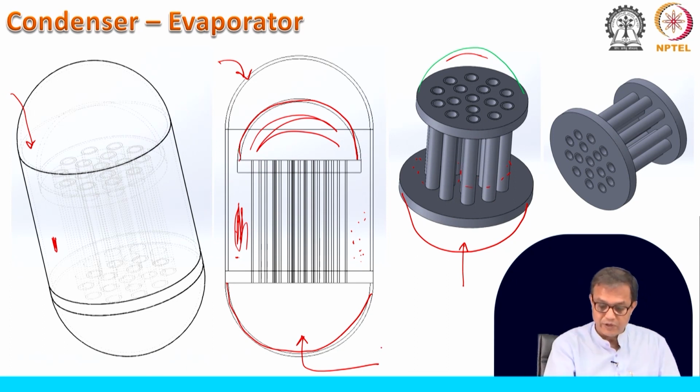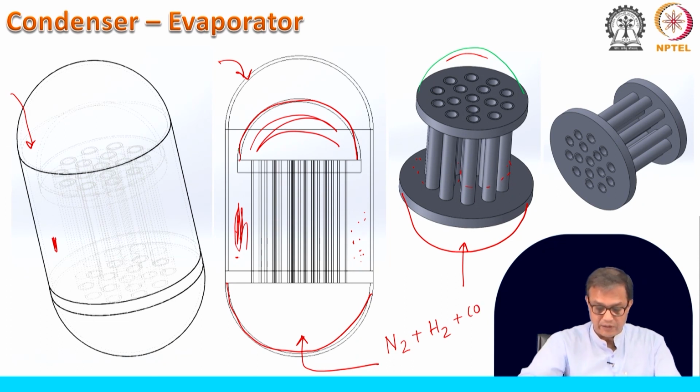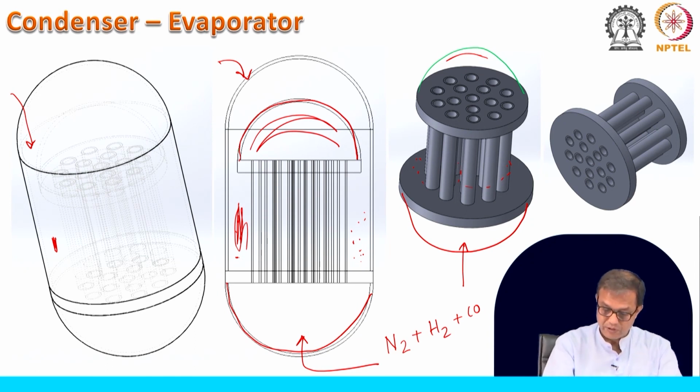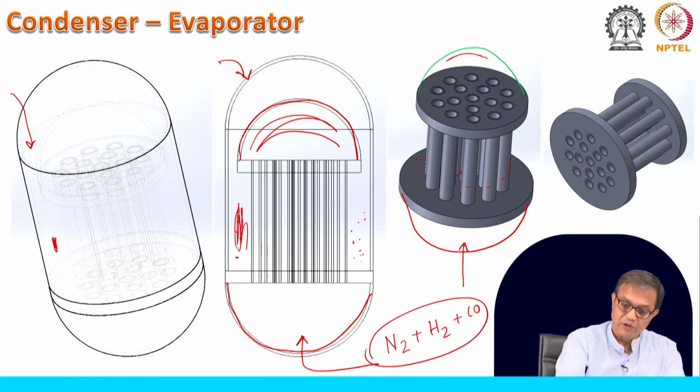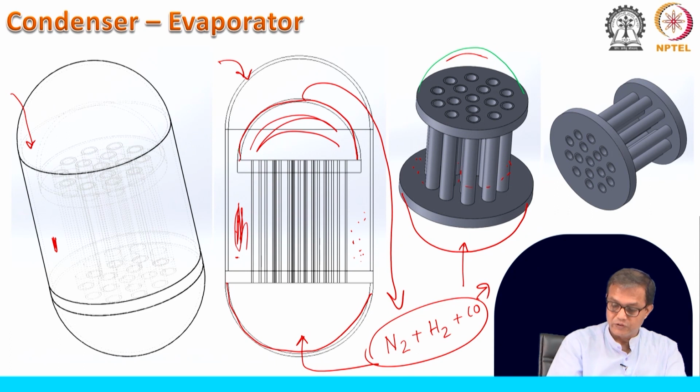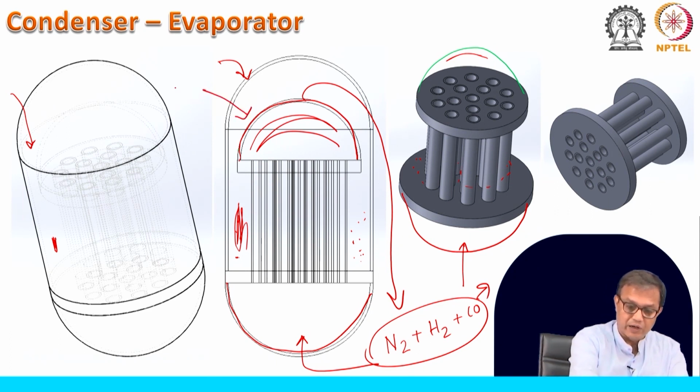On this side in the Linde-Brand process, we said that we have this N2 plus H2 plus CO. I am sorry, this was the top product which was coming from here, and then it went to the CO scrubber, and outside this we had liquid nitrogen.